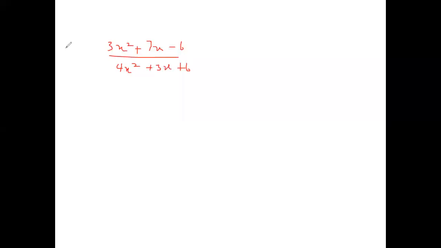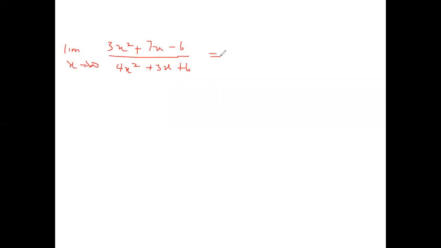And we have to find the limit as x approaches infinity. Okay, so the first thing is, the numerator is what?